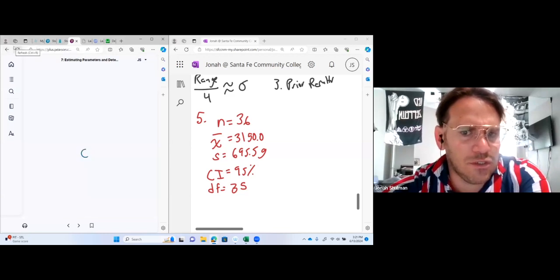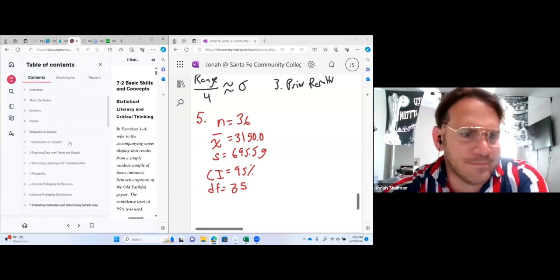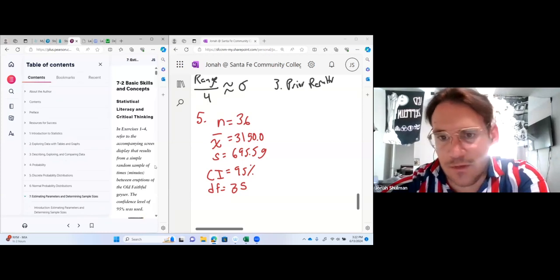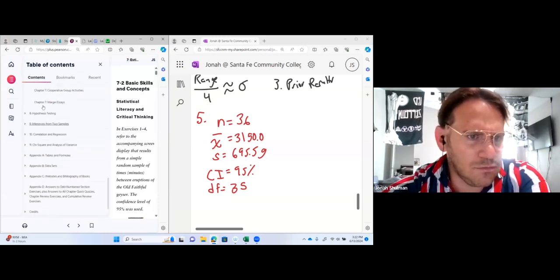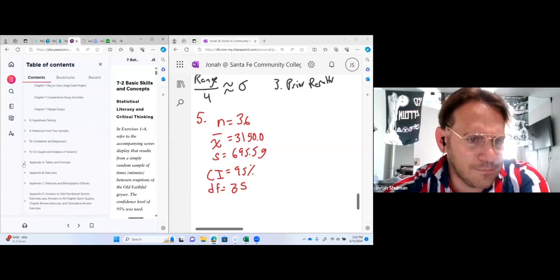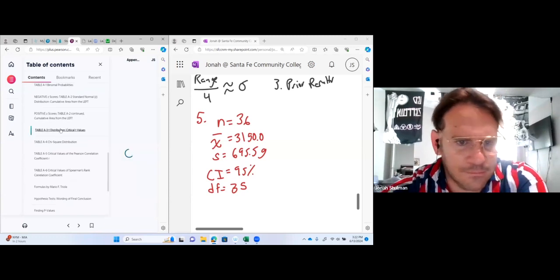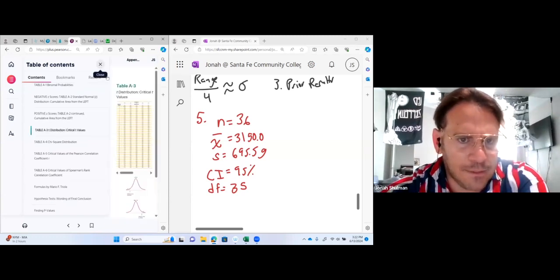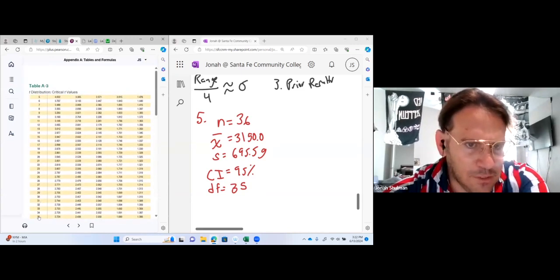Should we try to use the stats or the table? Let's use the table first, and then the next one I'll use the stats. I'm assuming since we have all the data, we could just do it in StatCrunch, but let's go right to the table. Degrees of freedom 35, which is here.